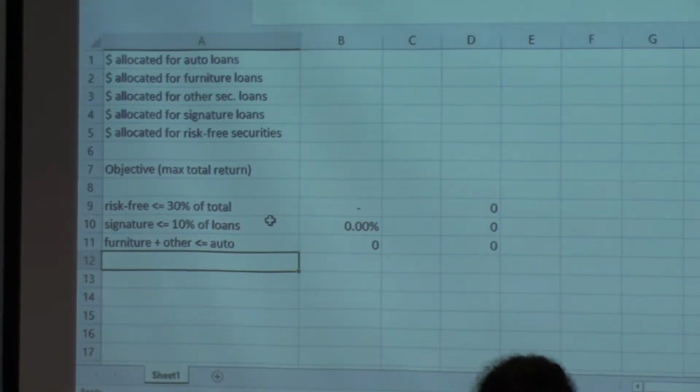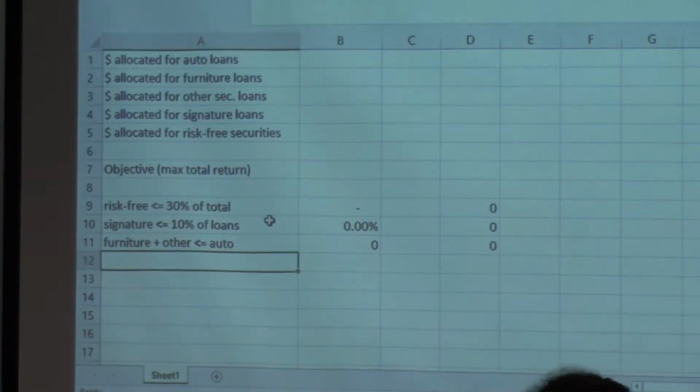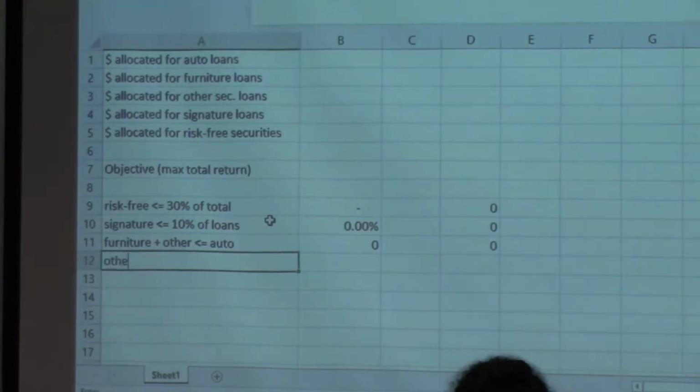All right. Up front here, what's another constraint that we have? Other secured loans plus signature loans may not exceed the funds invested in risk-free securities.